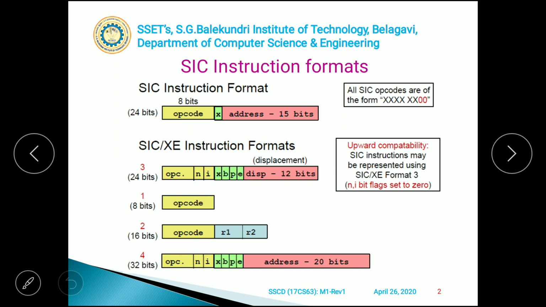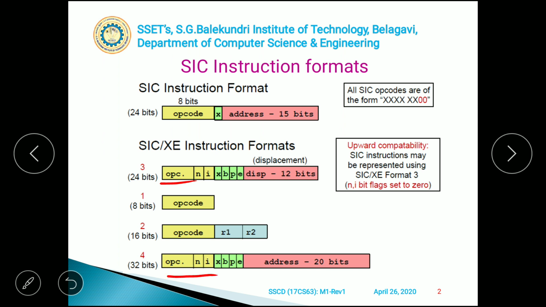The important thing is that you must know what these NIXBPE flags are. Whatever opcode you write, that opcode is actually 8 bits, but the first 6 bits are taken as they are and the next 2 bits are changed based on your addressing mode. That's what you can see in format 3 or format 4.